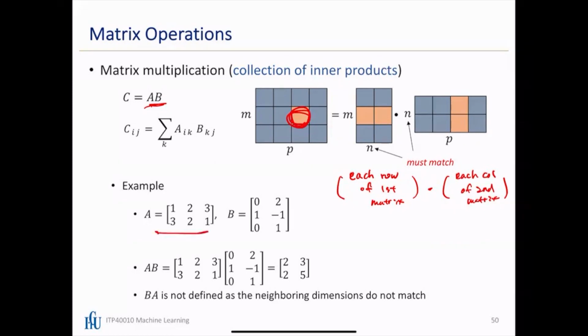A is something like this, B is something like this. We'll take the multiplication of A and B. So that is going to be, for example, 2 is 1 multiplied by 0, 2 multiplied by 1, and 3 multiplied by 0, and so on, and 3. So you can easily do this to come up with matrix multiplication.